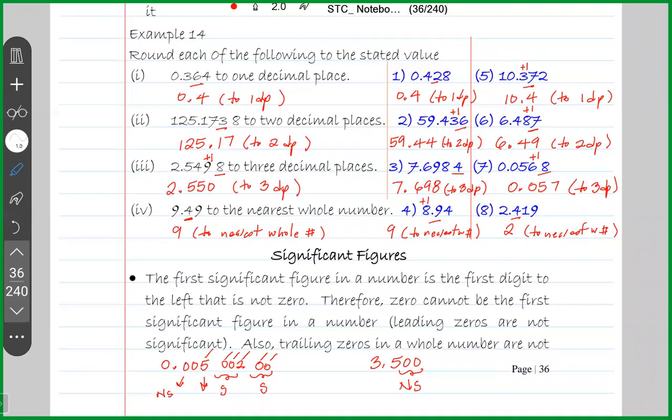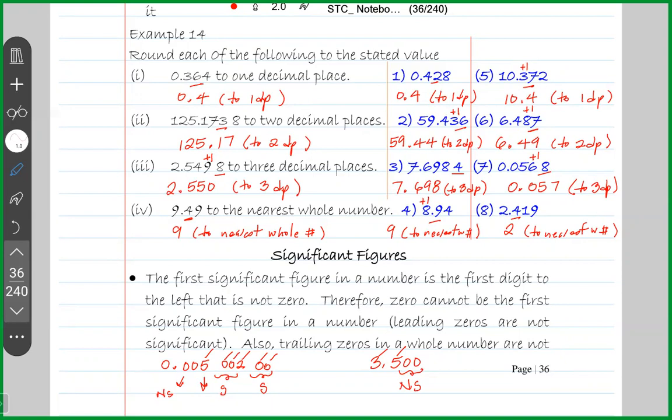In the number 3,500, there are only 2 significant figures, 3 and 5. The trailing zeros in a whole number without a decimal are not significant. So in the number 3,500, the only 2 significant figures are 3 and 5.